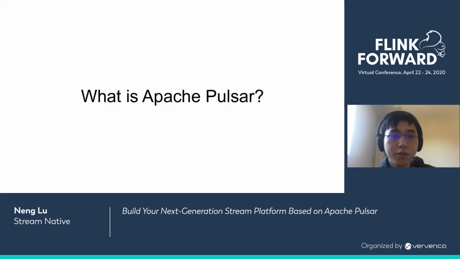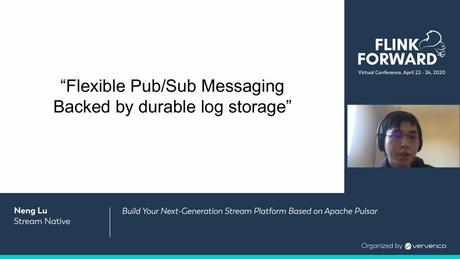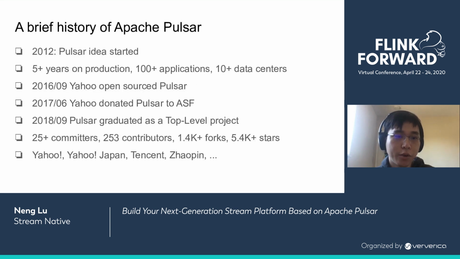Okay, so first of all, what is Apache Pulsar? In a short sentence, it's a flexible PubSub messaging backed by durable log storage. Here is the brief history of Apache Pulsar. It was started in 2012 in Yahoo, and after several years of development, it was open sourced to Apache and recently became a top-level project.